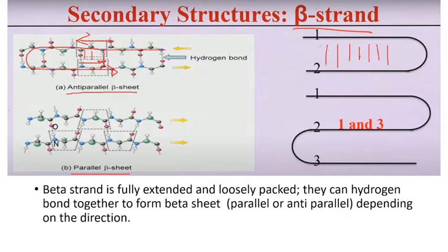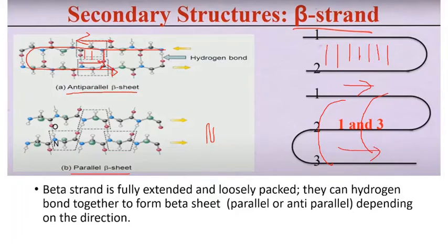These hydrogen bonds are likewise. Now this is not a helical structure, so the I plus 4 kind of thing is not happening in the beta strand, and this type of thing we call anti-parallel. In the other way, sometimes beta strands form hydrogen bonds with structures where this sequence is going in one direction and the other sequence is also going the same way.